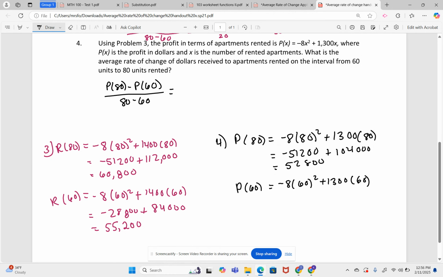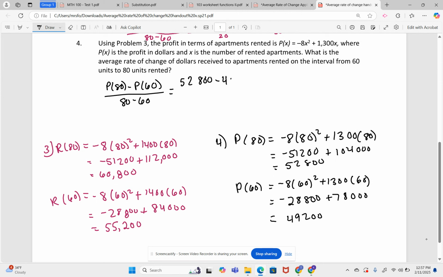And now, when we have rented 60 apartments, you would have negative 28,800 plus 78,000. So that tells me the profit is 49,200.